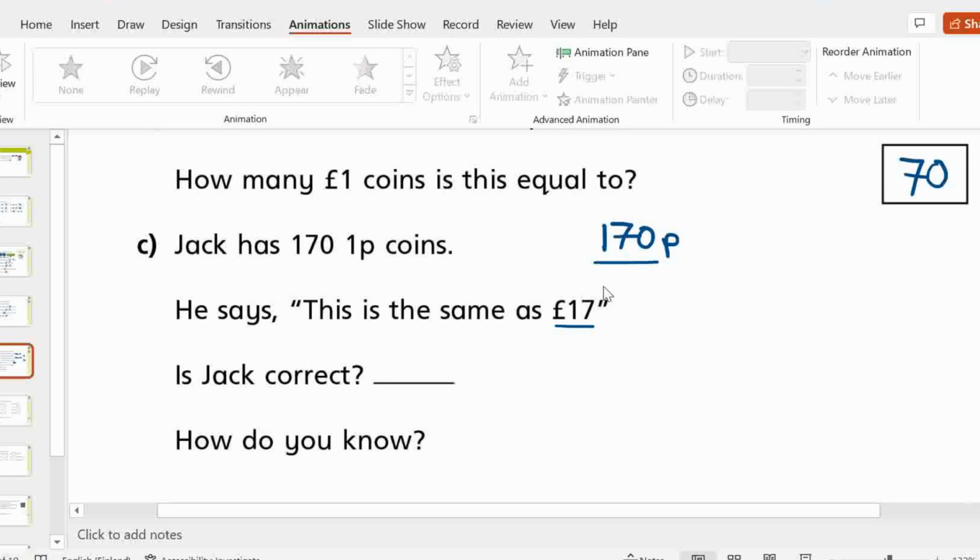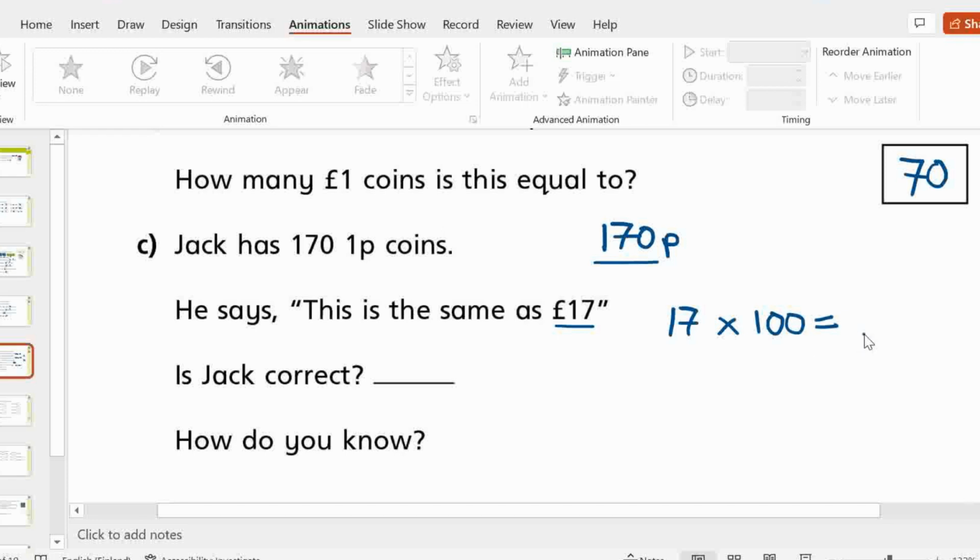Right, so first of all, let's look at how many pennies £17 is. So we know there's 100 pennies in £1. In other words, £17 must be times 100, right, to get the pennies. This will give us how many pennies £17 is. What does that give us? 17 times 100. Good.